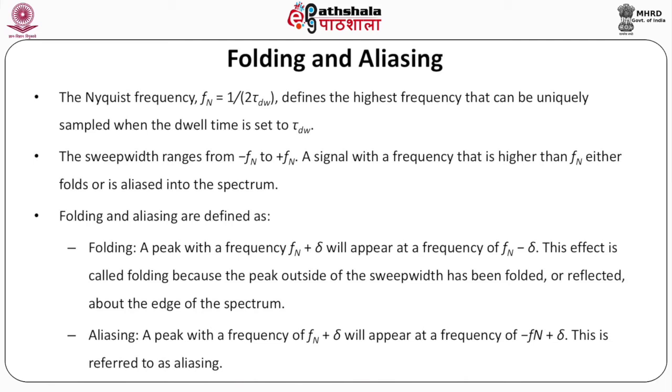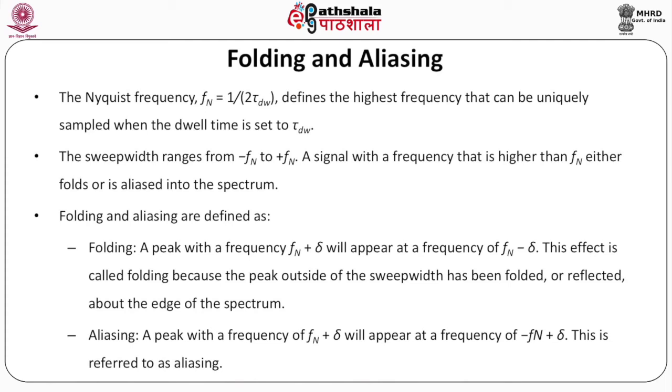The sweep width ranges from minus Fn to plus Fn. A signal with a frequency higher than Fn either folds or is aliased into the spectrum. Folding is when a peak with a frequency Fn plus delta appears at a frequency of Fn minus delta.